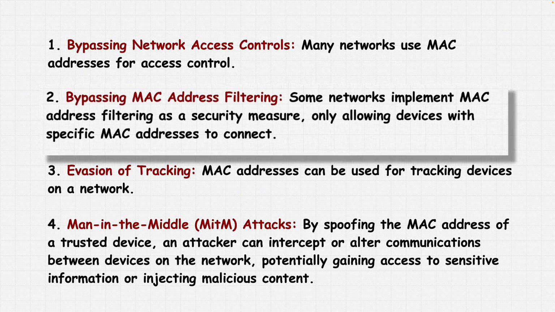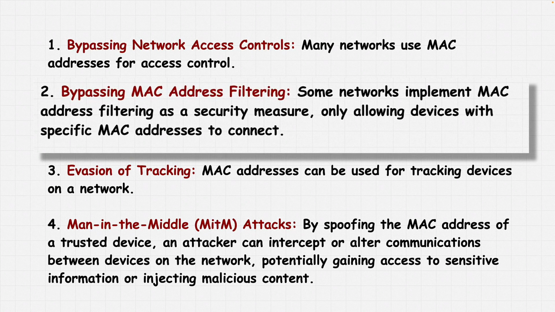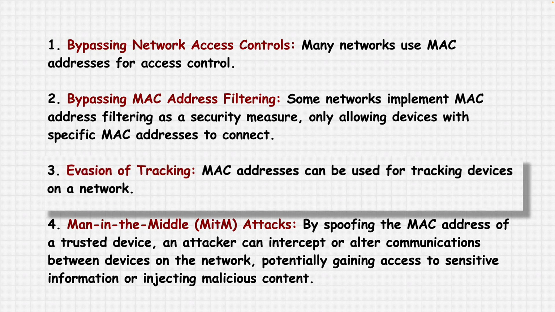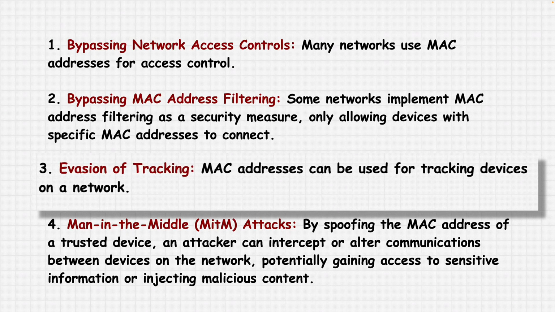It's also used in bypassing MAC address filtering. Some networks implement MAC address filtering as a security measure, only allowing devices with specific MAC addresses to connect. That is called MAC address whitelist. Now, spoofing a legitimate MAC address can bypass the whitelist filters, and then they will appear as a legitimate device.